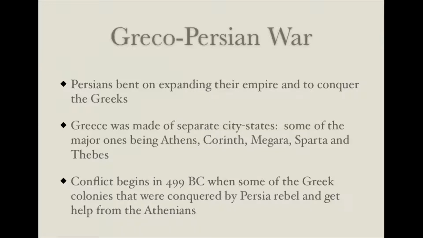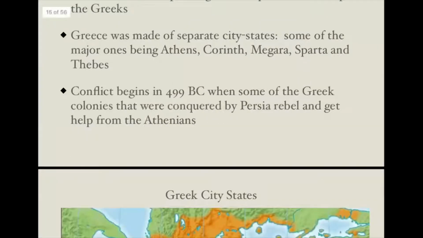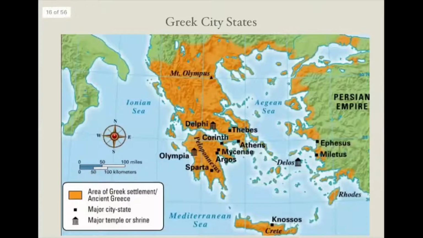This whole conflict between the Greeks and the Persians begins in 499 BC, when some of those Greek colonies decided to rebel against the Persians, with the help of the Athenians, who were on the eastern coast of the Greek Isles. So, here's a brief look at that.